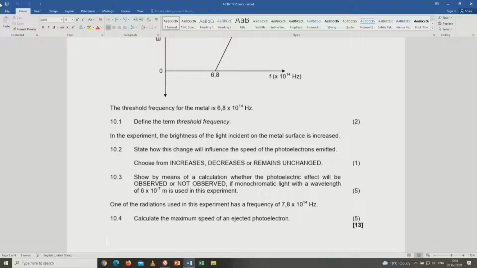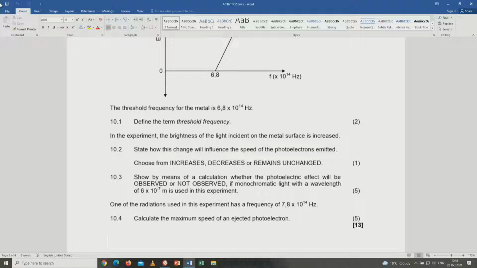The word minimum is very, very important. If you leave out the word minimum, you are not going to get it right, or you are going to get 0 for that question. So the minimum frequency needed to eject electrons from the surface of the metal, that is the definition of threshold frequency.